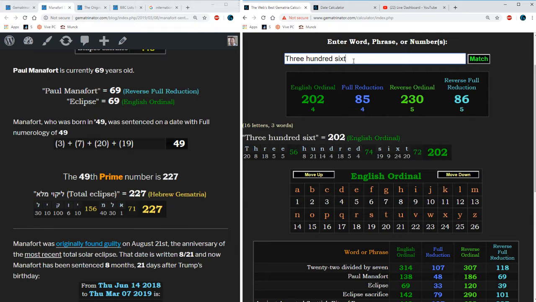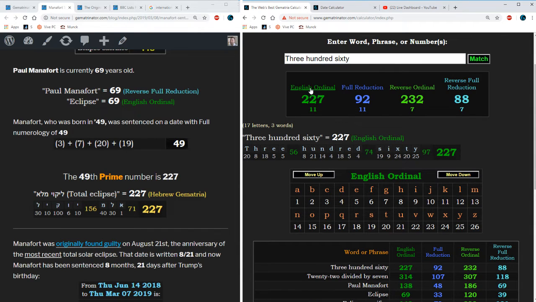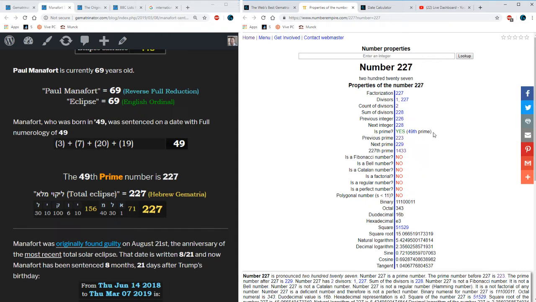A circle has 360 degrees. 360 equals 227. Well, 227 is a prime number. This would be the 49th prime number. And not only was Paul Manafort born in the year 49, but the date he was sentenced to prison had full numerology, 3 plus 7 plus 20 plus 19, of 49.